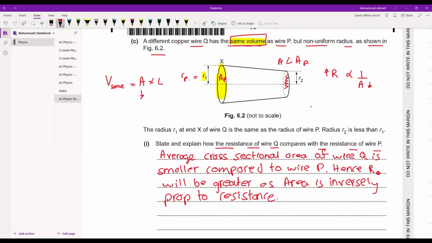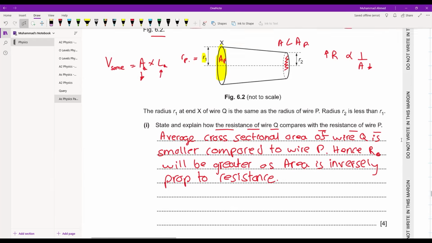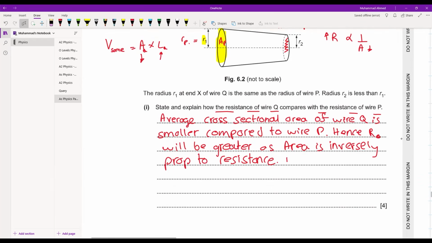If the cross-sectional area of Q is less, the length of Q will be greater. This should be your third point. To keep the volume same, length of Q will be greater.